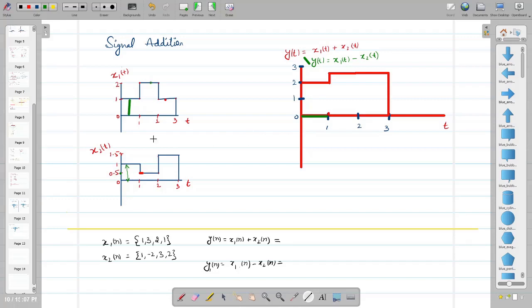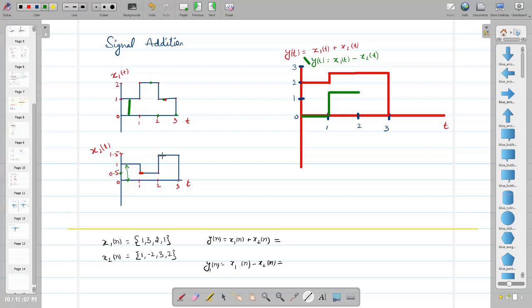So 2 minus 0.5 is 1.5. And after that, up to 2 it has 1.5 amplitude, and from 2 to 3 it has 1 amplitude and 1.5 amplitude.